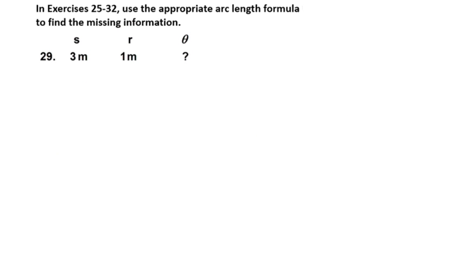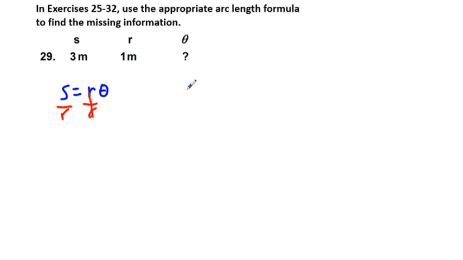Next, problem 29. Similar situation. We're trying to find theta. We don't know what theta is, but we know what S and R are. So if we have S equals R theta, how do we solve for theta? Well, we solve for theta by dividing by R, the radius.